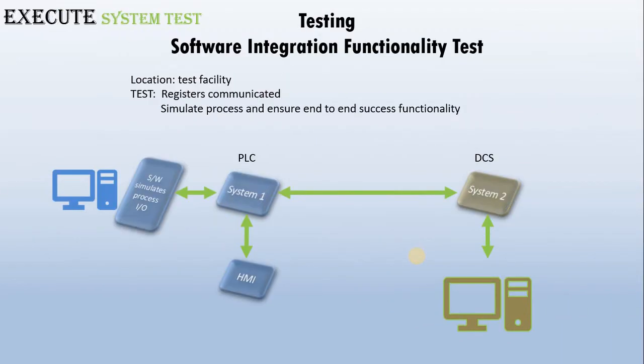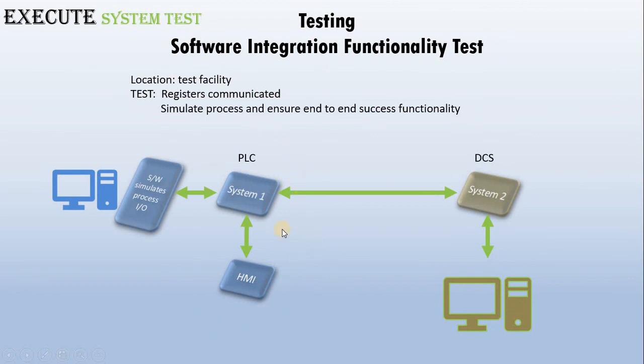Once you complete the system, it's a very, very good idea to have your PLC, maybe only the CPU, with software which simulates your process I/O. And this is how you verify your PLC program itself.